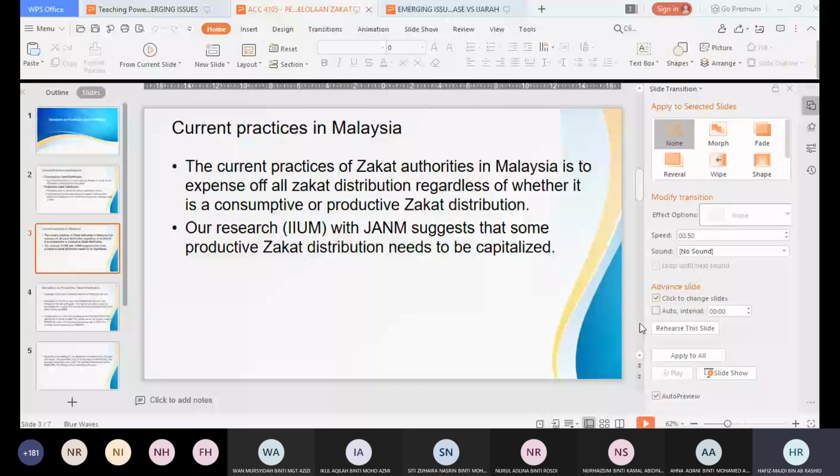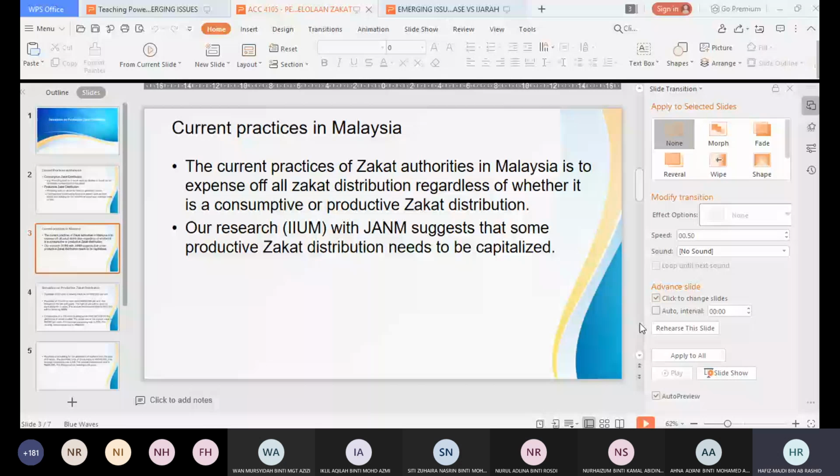If you spend off all the money you use to construct Darul Hidayah, would you see any asset related to Darul Hidayah in the statement of financial position? You will not see it, correct? You will not see any asset stated in the statement of financial position, because all the money you used to construct that building will go into your P&L. Because you have spent it off. You have not capitalized it.